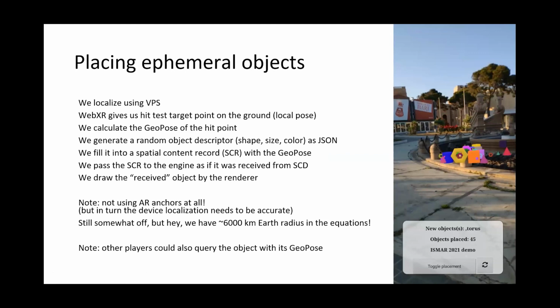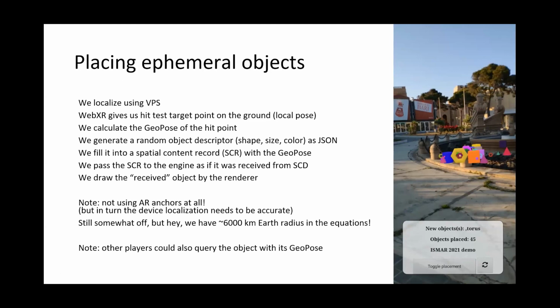So I can actually have a small cursor and select some things on the floor. So if we can calculate our geopose and transform our local coordinate system to geocoordinates, I can also do it backwards, where I can actually calculate the geopose of a hit point on the ground. So when the user clicks on the screen, I calculate the geopose of the hit point on the ground. I create a random object description and I share that with the other players. And then this is how I spawn all these objects.